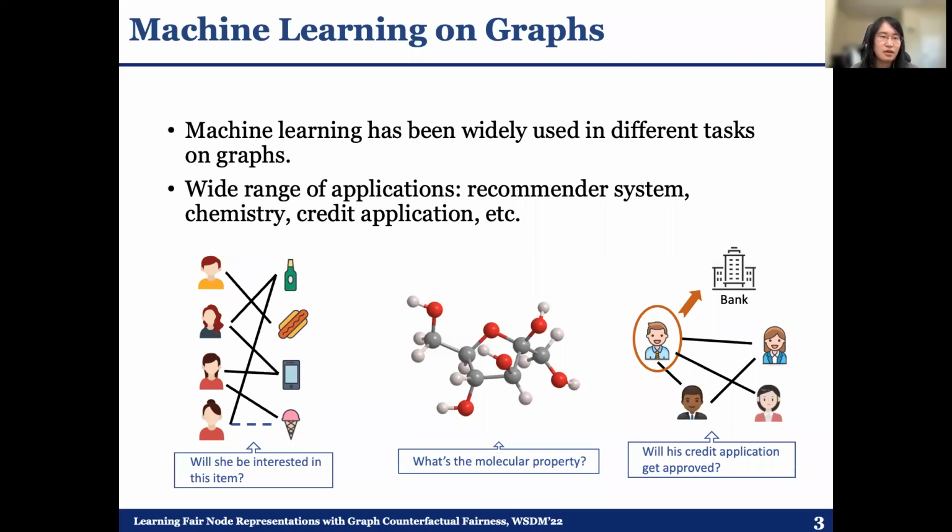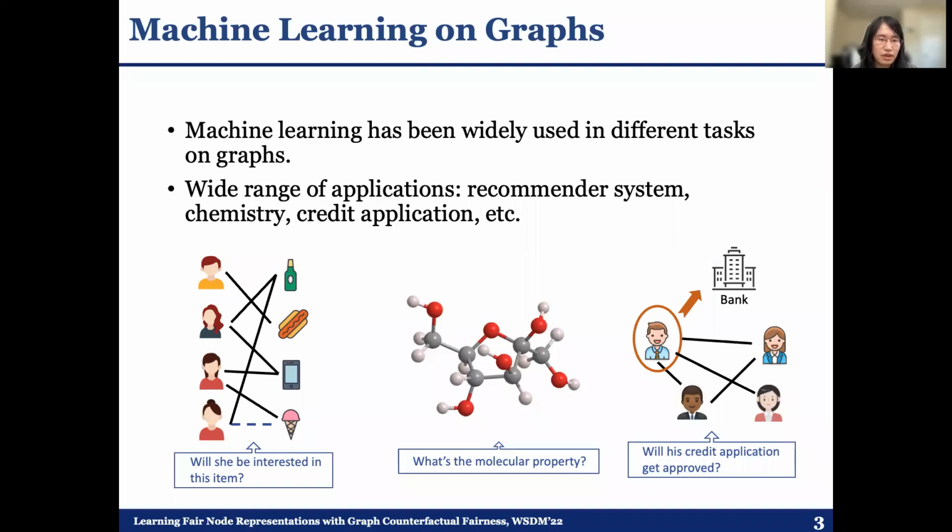Machine learning on graphs can be applied in different tasks, like a recommender system. We can model the user-item interactions with a bipartite graph, and a link between a user and an item corresponds to whether this user would be interested in this item, and we can try to predict this link and make corresponding recommendations.